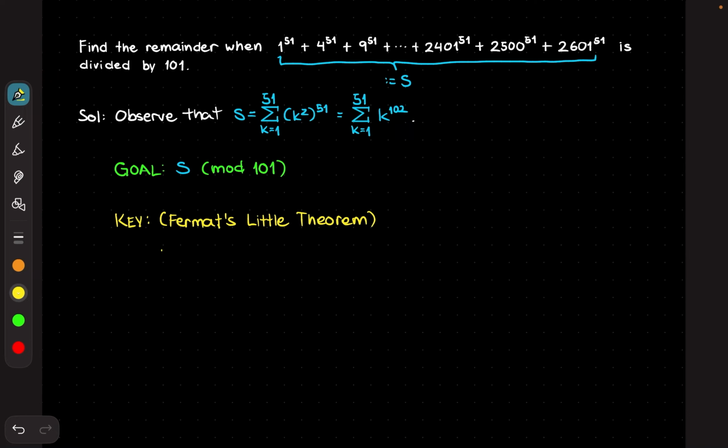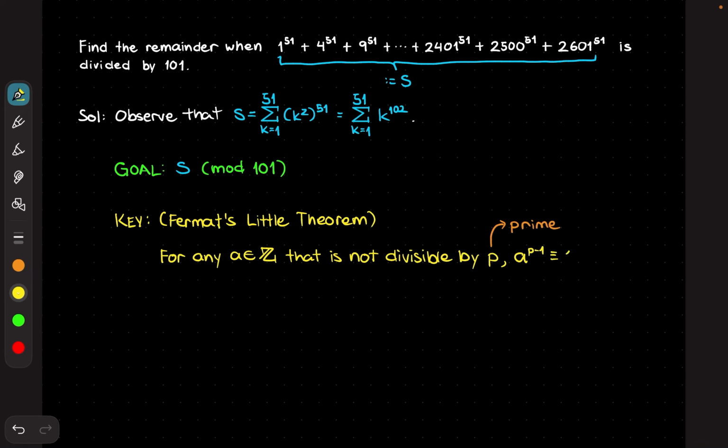What Fermat's Little Theorem states is that for any integer a that is not divisible by p, wherein p is prime, we obtain the following congruence: a raised to p minus 1 is congruent to 1 modulo p. So this is what we'll be using in this problem.